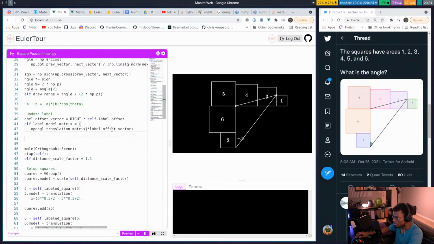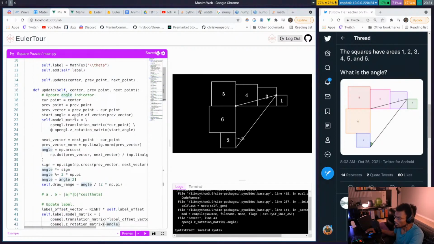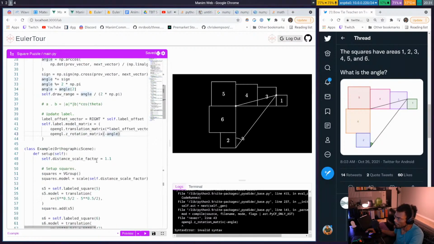So if I rotate it, let's do a negative of, not angle, but start angle. That, I think, was actually the problem.